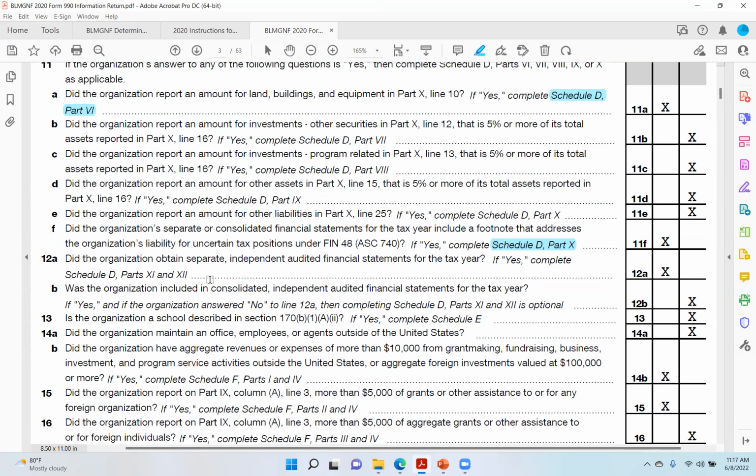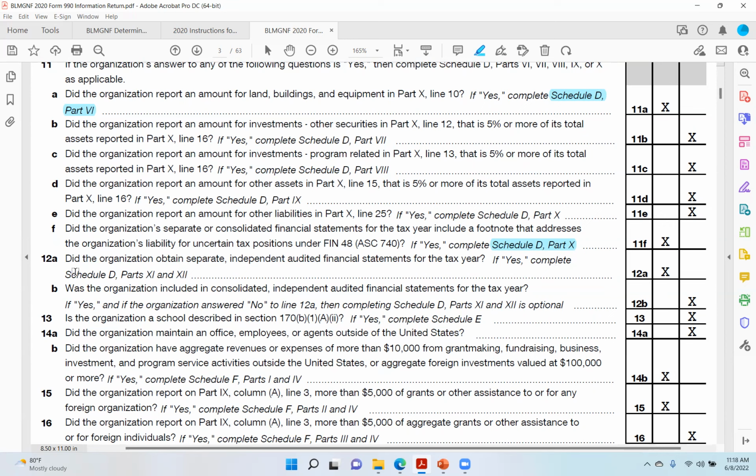12A, did the organization obtain separate, independent audited financial statements for the tax year? If yes, complete Schedule D, Parts 11 and 12.